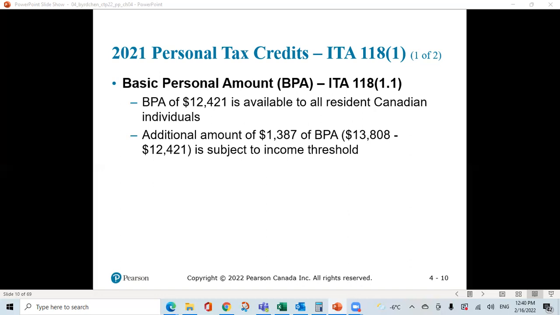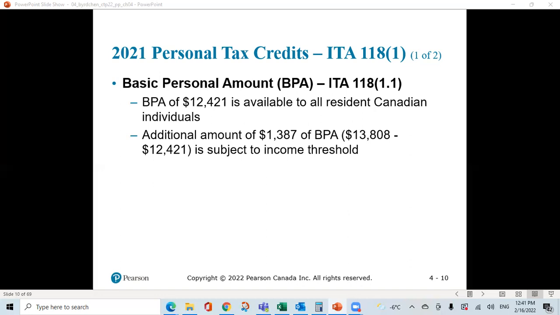Now, there's also an additional amount of $1,387 on the basic personal amount, which gives you $13,808 minus $12,421. $13,808 was indicated by the government. The rule is that the government proposal will see the $12,421 base amount eventually go to $15,000.